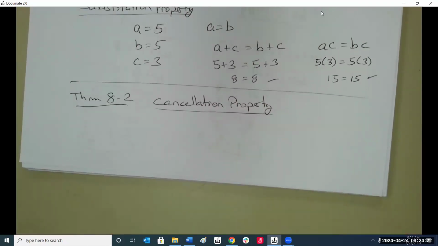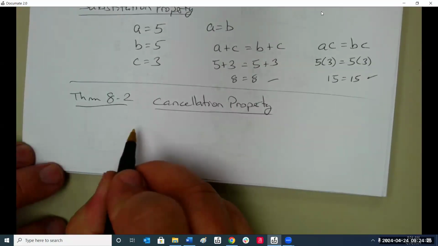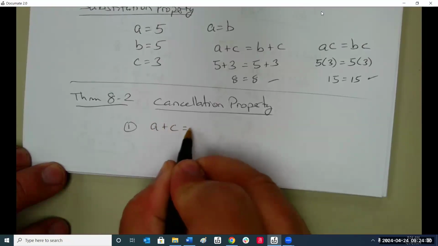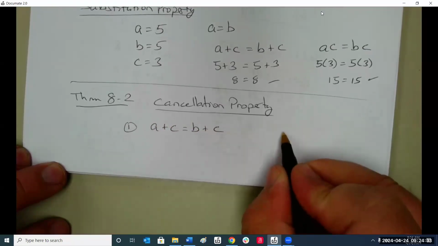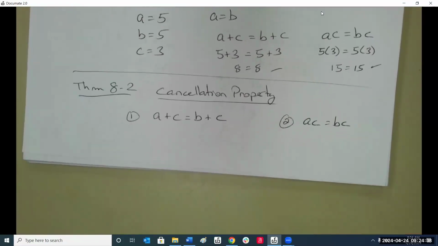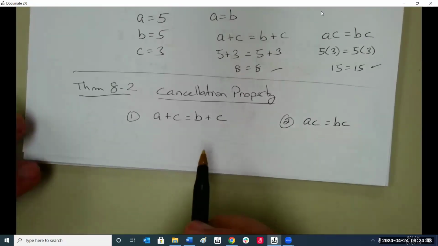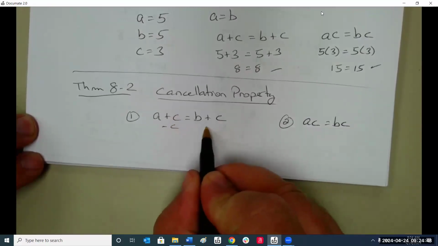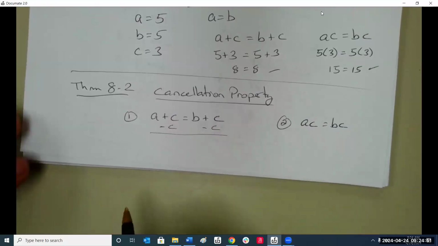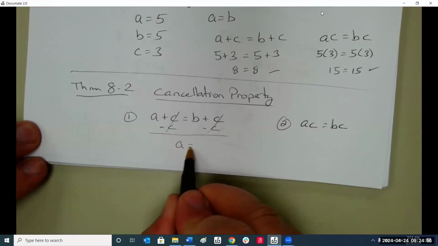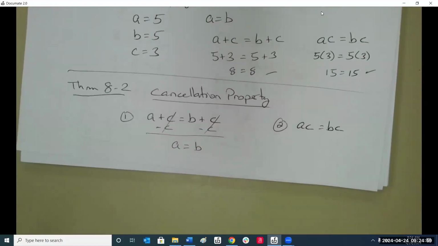Theorem 8-2 is the cancellation property. So in the addition part, if I subtract C from both sides, if I subtract the same value from both sides, then what's left has to be equal.